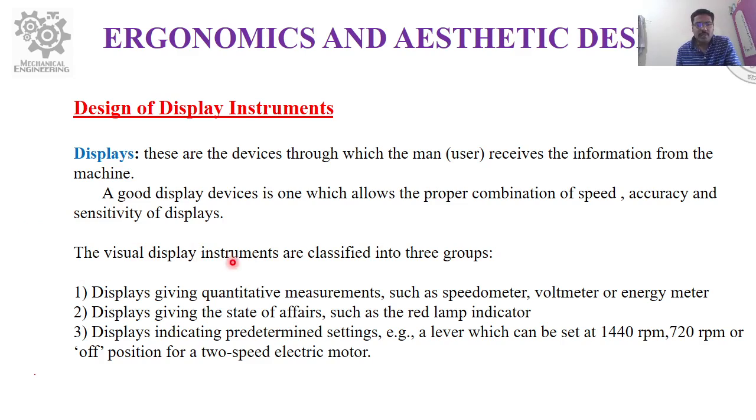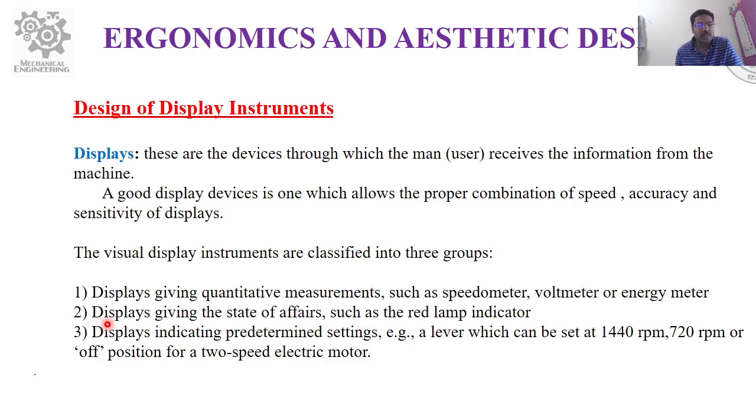The visual display instruments are classified into three basic groups, depending upon the instrument and its use. The first one is displays giving quantitative measurements, such as a speedometer, voltmeter, or energy meter.